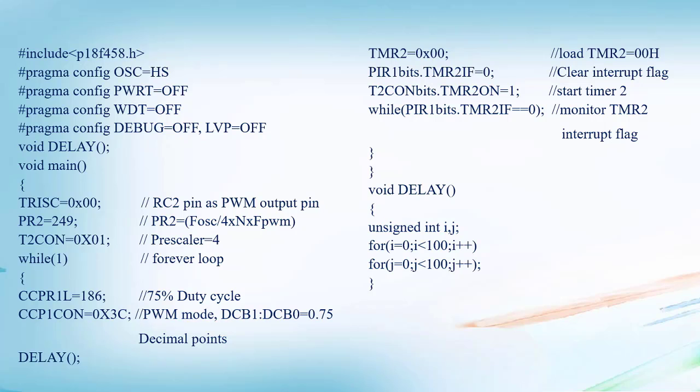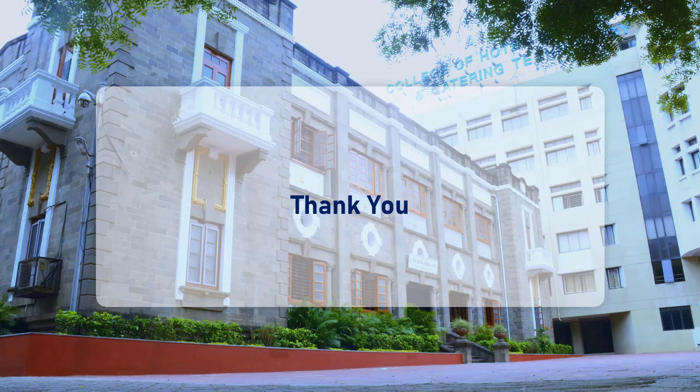Then clear the interrupt flag by writing PIR1bits.TMR2IF equals 0. Next, start Timer 2 by writing T2CONbits.TMR2ON equals 1. Then monitor the TMR2 interrupt flag bit: while PIR1bits.TMR2IF equals 0. Then repeat. Thank you.